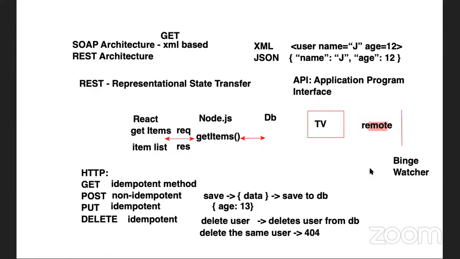This is the remote and this is the TV. How is this watcher interacting with the TV? Using the remote, right? So remote is a way of interacting between these two things. So TV को information मिल रही है binge watcher के बटन दबाने से, correct? Application program interface similarly काम करता है.